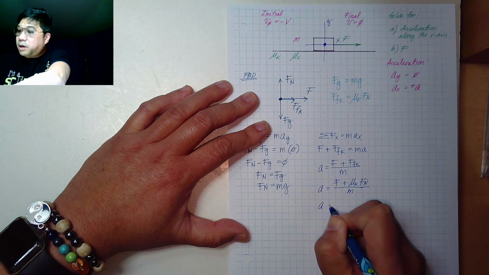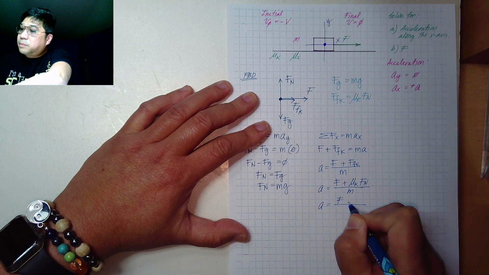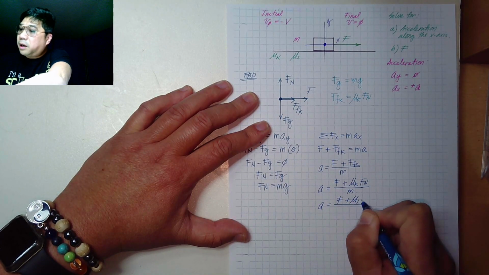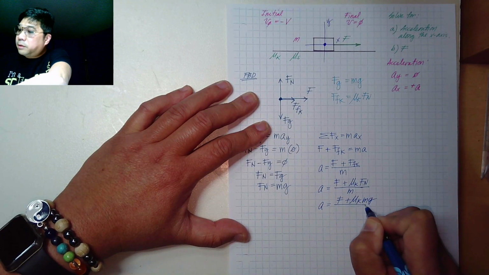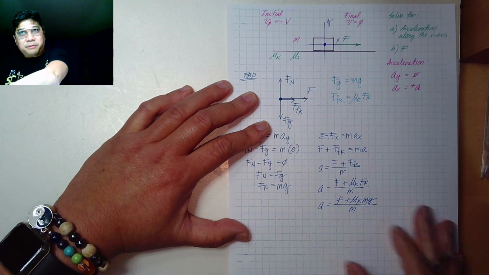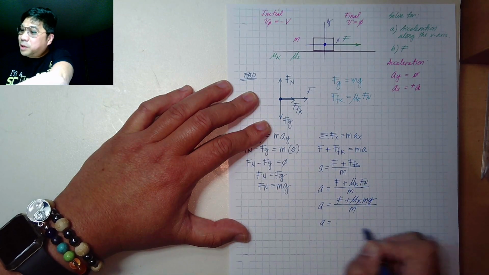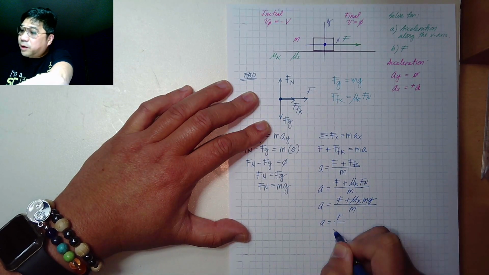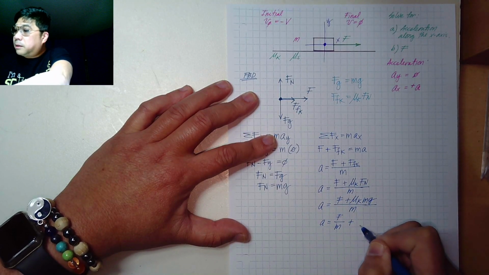So now our acceleration is equivalent to F plus mu k mass times g, divided by mass. This time, if I'm going to simplify this, I will not make the same mistake as I did in the previous video. So this time I have F over m plus mu k times g.